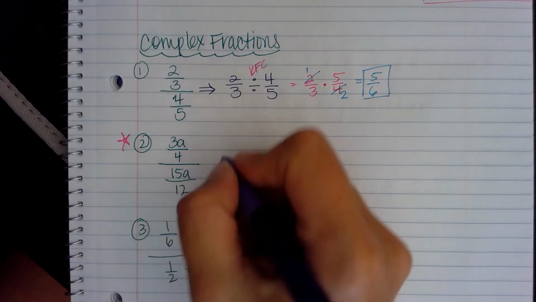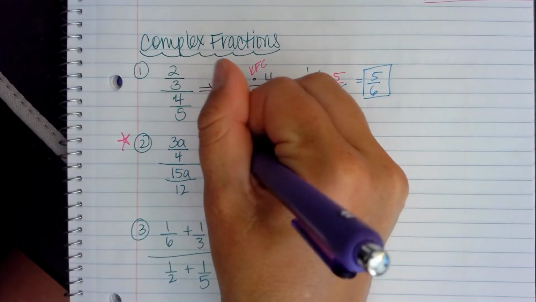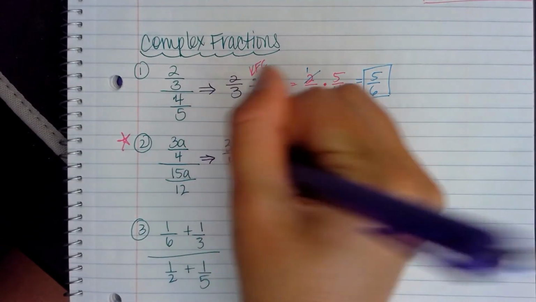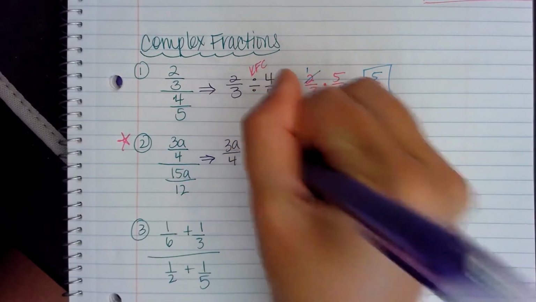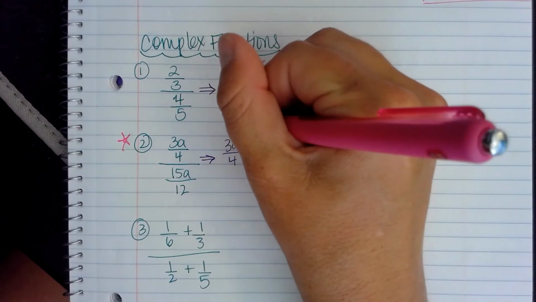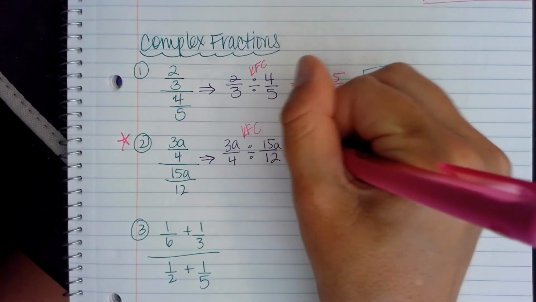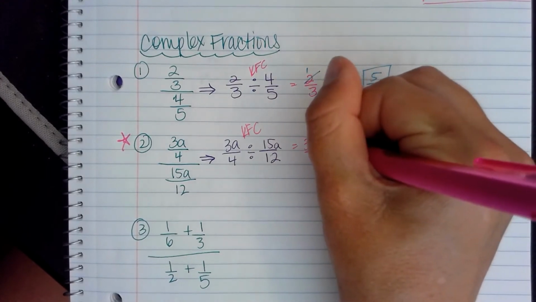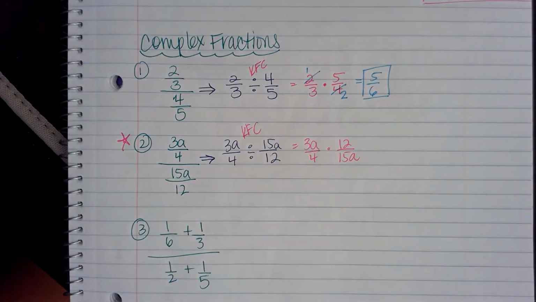Okay, so first thing is rewriting it. So it's 3a over 4 divided by 15a over 12. Then we do KFC. So it's 3a over 4 times 12 over 15a.